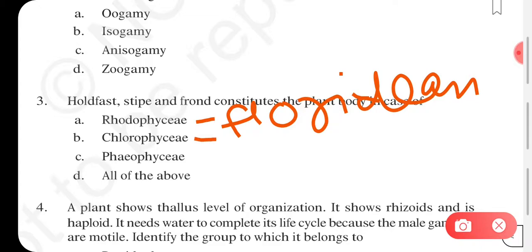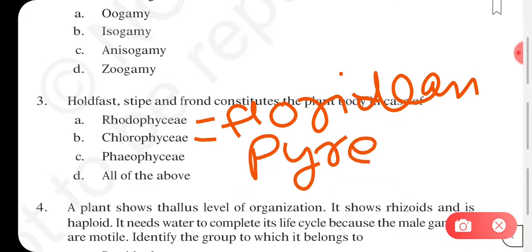Now Chlorophyceae, what do they have? They are green algae, and they have chlorophyll A and chlorophyll B pigments present in their chloroplast. They also have protein storage structures which we call pyrenoids.